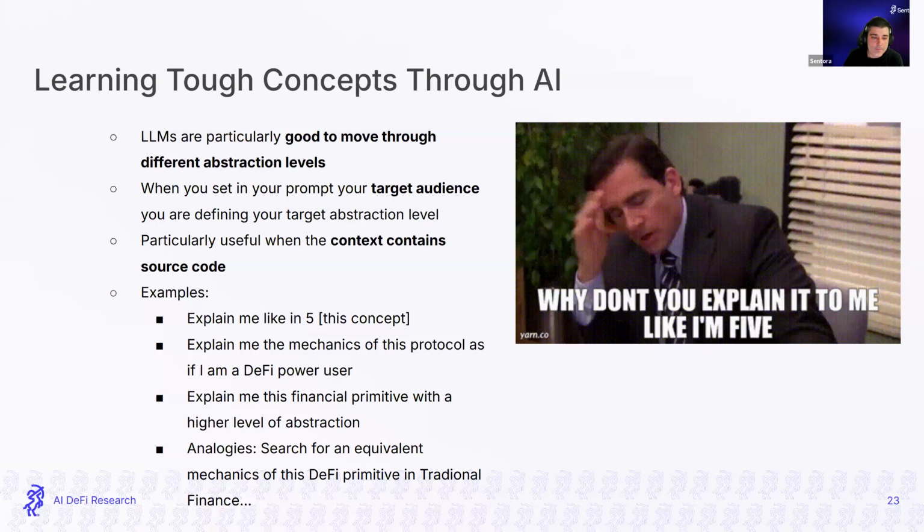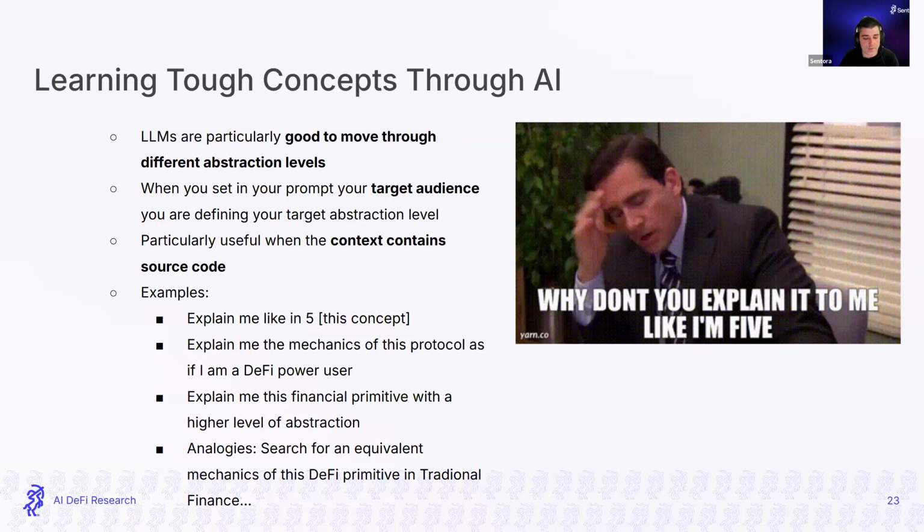So usually if we are providing some very technical materials, it's always helpful to just say, hey, explain to me this DeFi protocol like I'm a DeFi power user, for example, or maybe a complex financial primitive that we don't fully understand. It's really interesting to ask an LLM for a higher level of abstraction.